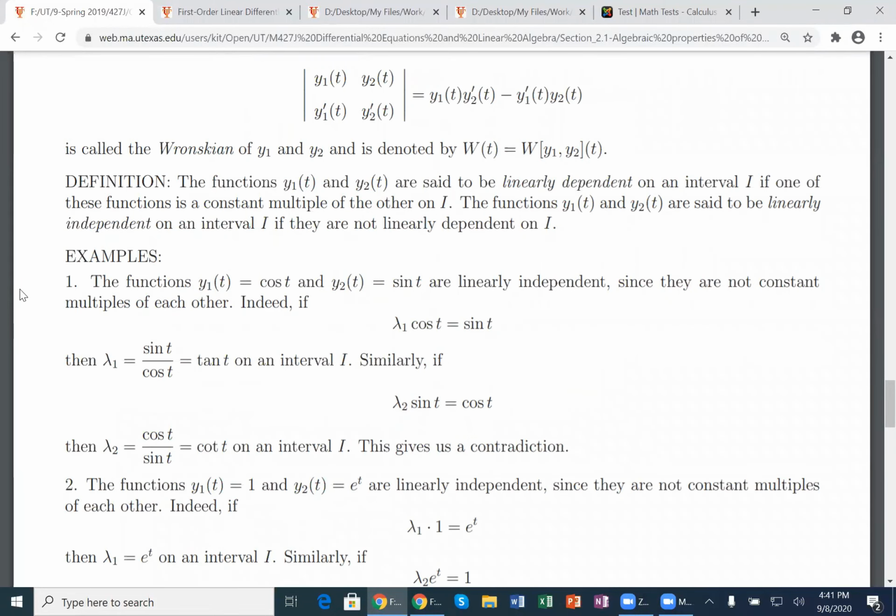If two functions are linearly dependent, in some sense, we just do not have enough material in order to build the whole building. Dependent means these two functions are very similar.